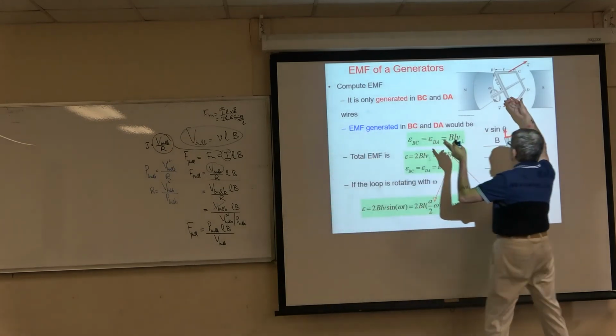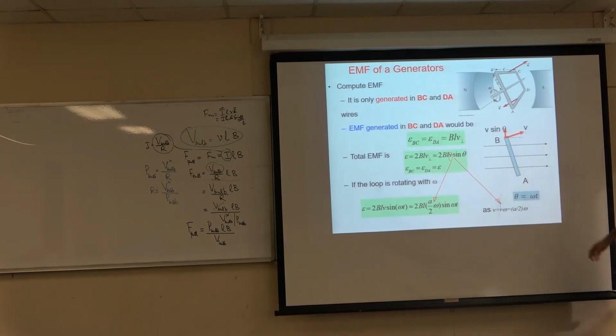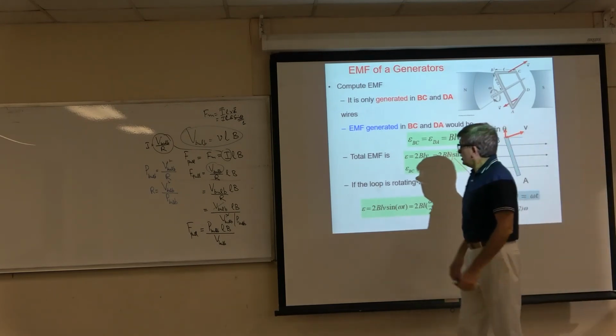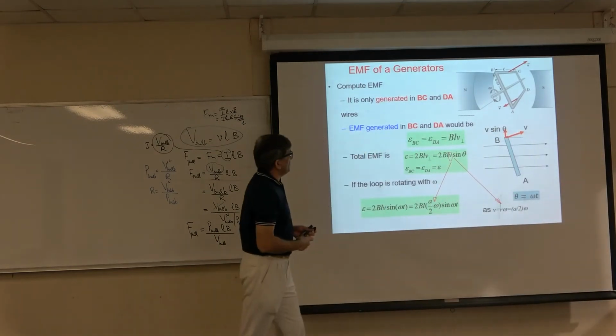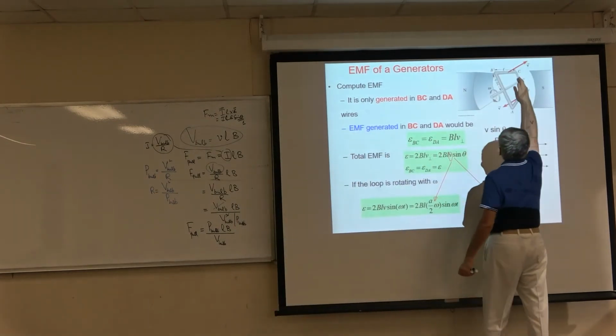These are the two sides perpendicular to the magnetic field at this point. So EMF is generated only in the sides BC and DA.